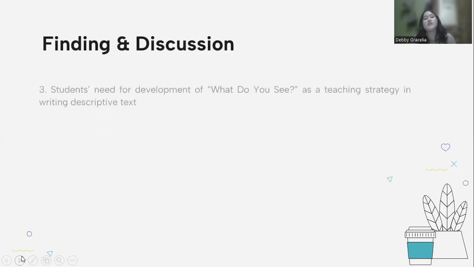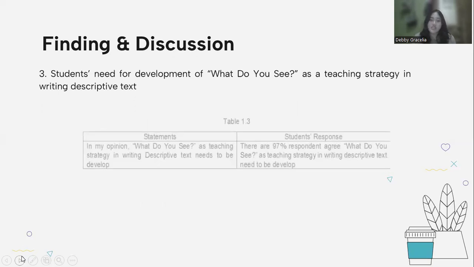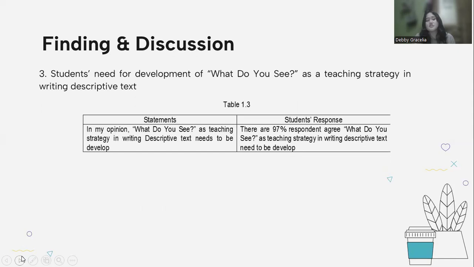Next, the third one, students' need for development of What Do You See as a teaching strategy in writing descriptive text. And here's the statement. First of all, the researcher gave an explanation to the students: what is What Do You See and how to use it? And for the last question, about the statement, what is the students' opinion about the need for development of What Do You See as a teaching strategy.